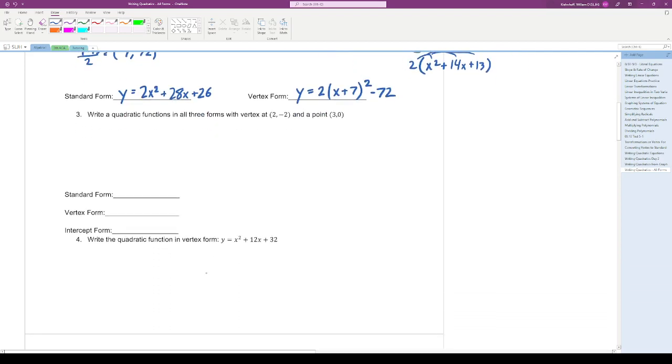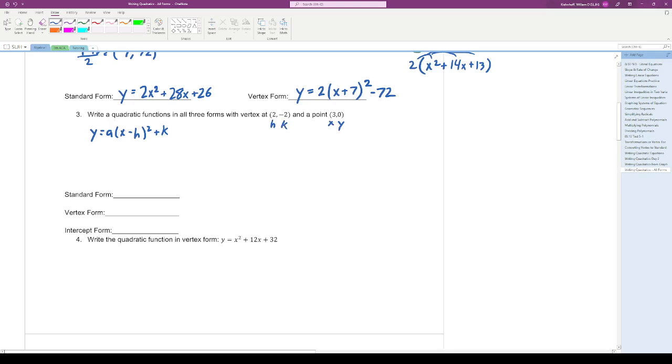Next one, we have our vertex and a point given, and we need to find all the forms. So first thing, we know that our vertex form looks like y equals a times x minus h squared plus k. Currently, we know h and k and x and y.